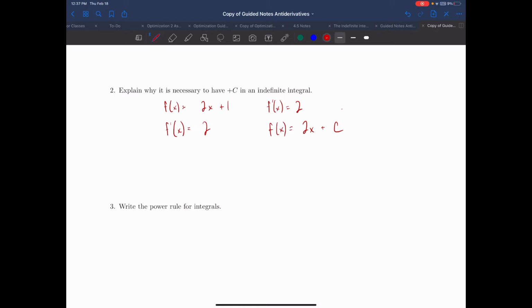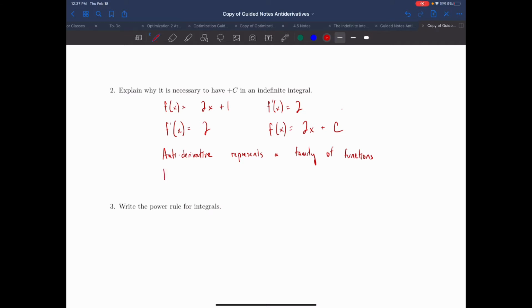So an antiderivative represents a family of functions. If you were to graph these, the family of functions, they would differ in their vertical shift.